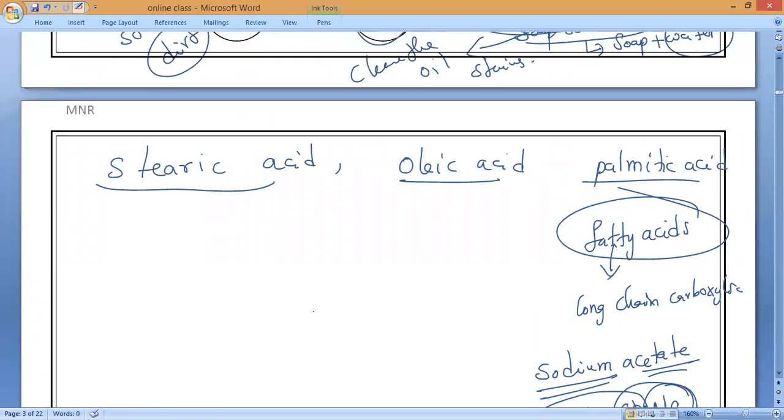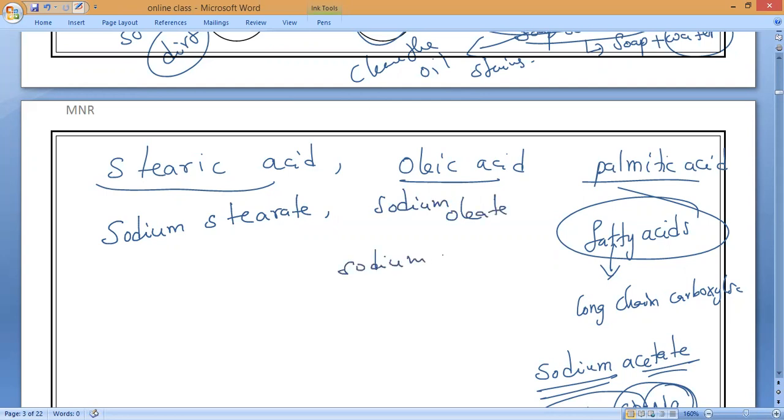Now you can see we have soaps like sodium stearate, sodium oleate, and sodium palmitate. Can you tell me the general formula of this? Try to form it.